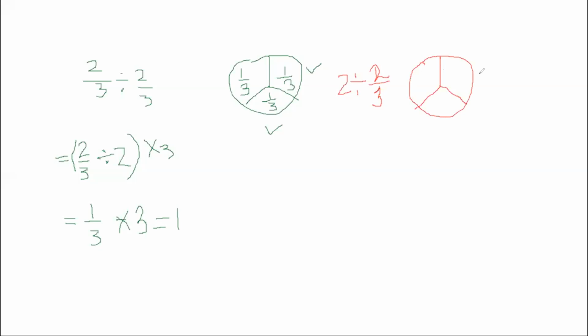Let's pick these two. So step 1 would be 2 divided by 2. So that will give us 1. So we get 1 in each. And therefore, we put one more here. So together we have 3 ones.